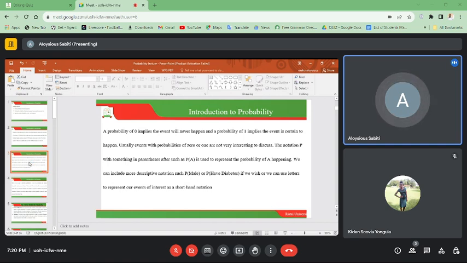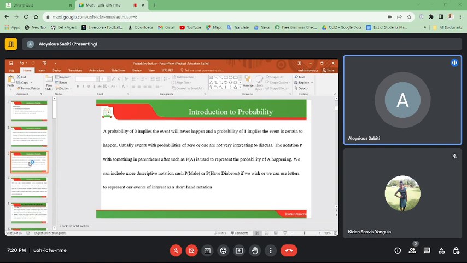For example, having the sun at night is a probability that will never happen. There is no way we can have the sun during the night. Whereas one implies that the event is certain to happen, meaning you're very sure that it will certainly happen.